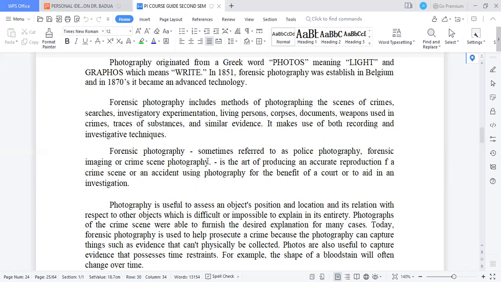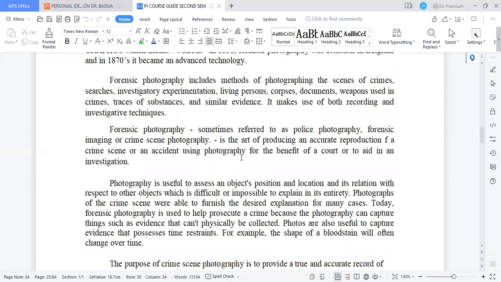So, in some books, forensic photography is also termed police photography. Accordingly, a definition is provided which refers to the art of producing an accurate reproduction of a crime scene or an accident using photography for the benefit of the court, to aid in an investigation.